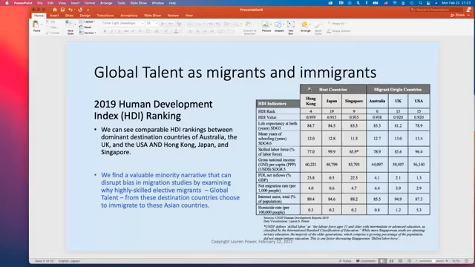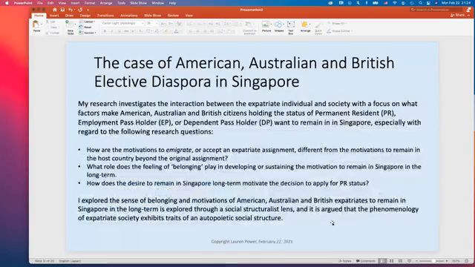But in this study, we're looking at these Asian places as being the destination countries. And this gives us a valuable minority narrative because we can see through these metrics that the level of development is comparable between these places, meaning that we're not seeing a power asymmetry mobility, we're seeing a more lateral or horizontal mobility.